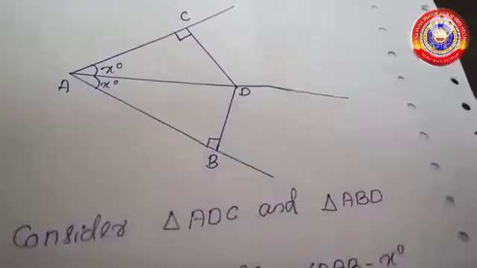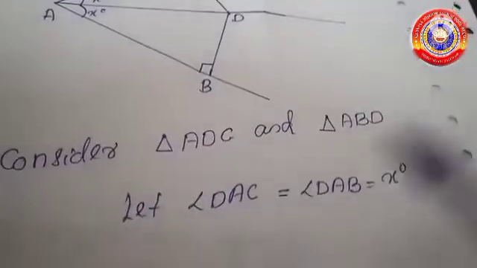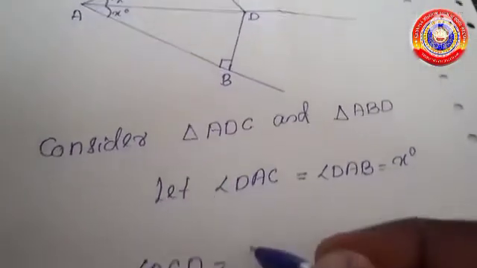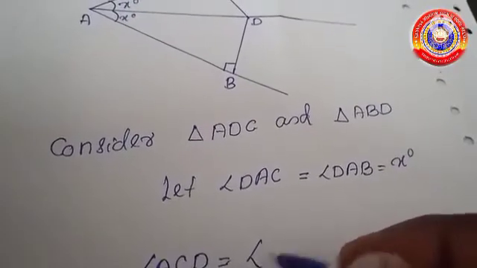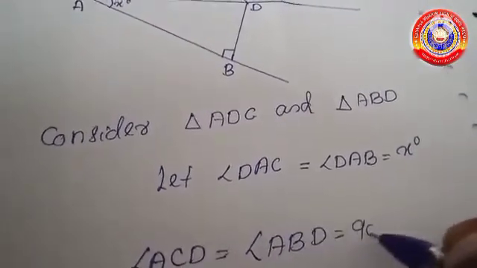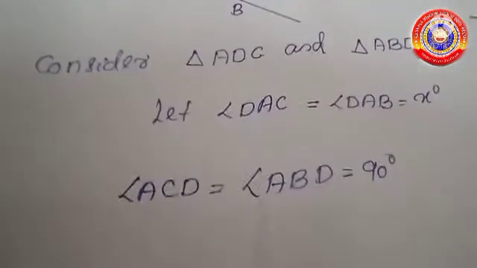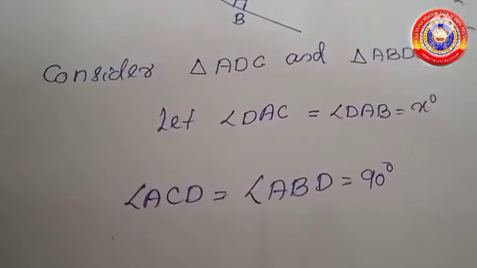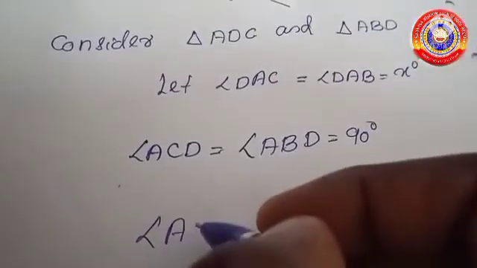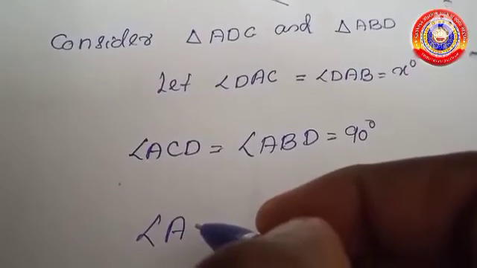Also, angle ACD equals angle ABD equals 90 degrees, from the figure. Using these two angles, we have to find the third angle of both triangles.